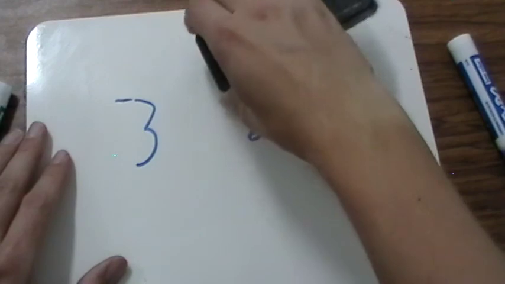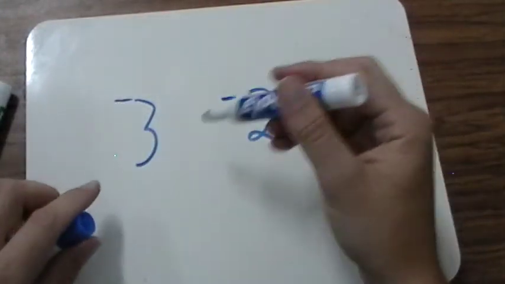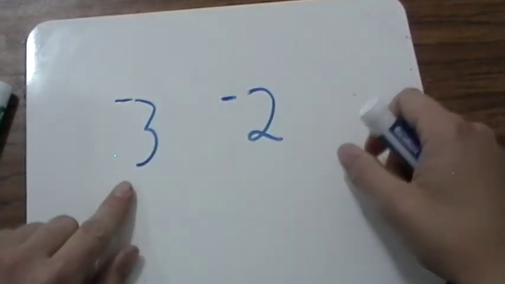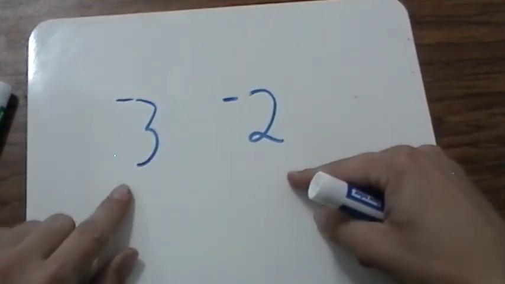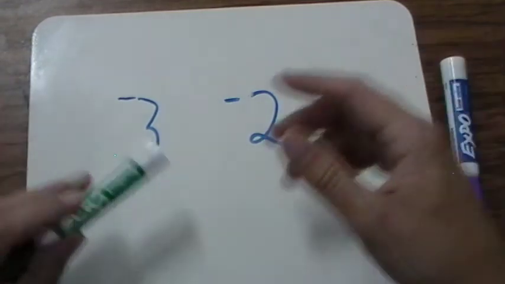Okay? Well, but what if both numbers were negative? You owe somebody $3 or you owe somebody $2. Which one do you owe somebody less money?